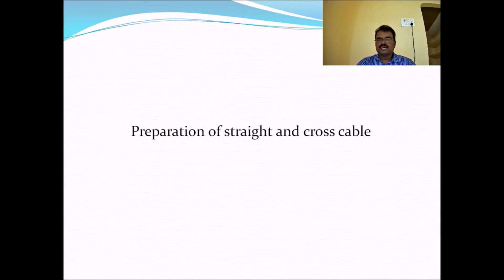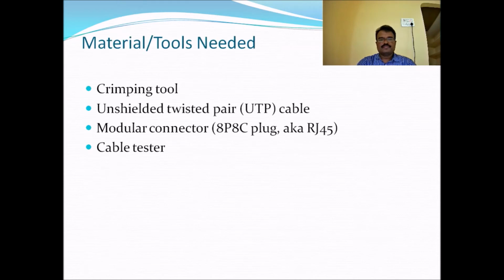So now we will see how to prepare this straight cabling and crossover cabling. For preparing the crossover cabling and straight cabling, we require the crimping tool, and next, unshielded twisted pair, that is UTP cable, and a modular connector, that is the 8P8C plug, RJ45, and a cable tester.